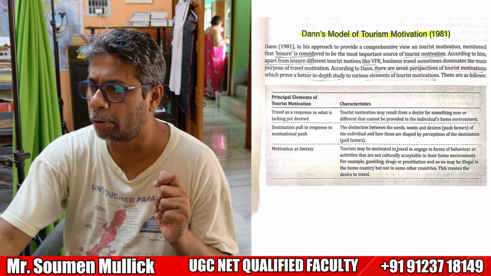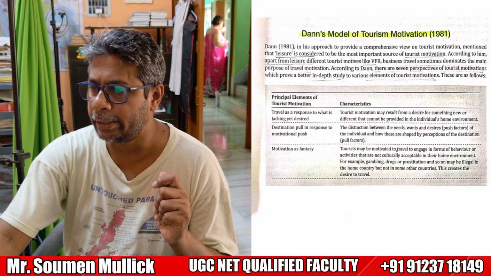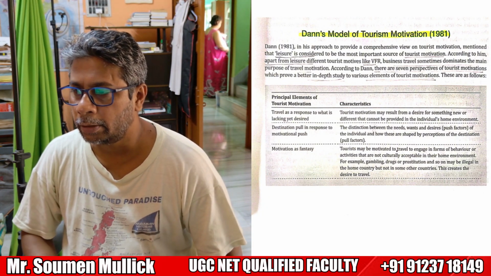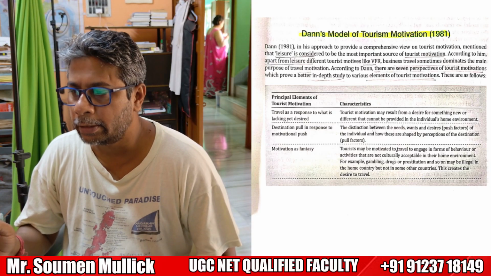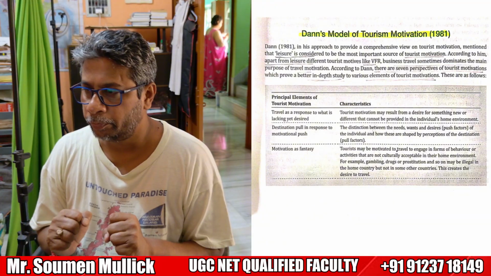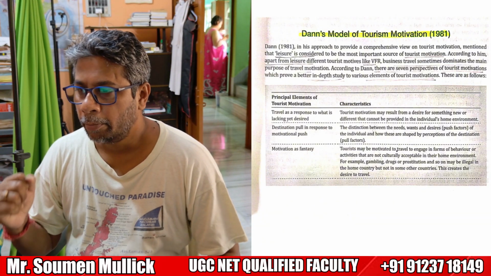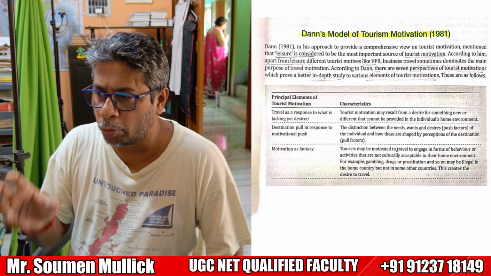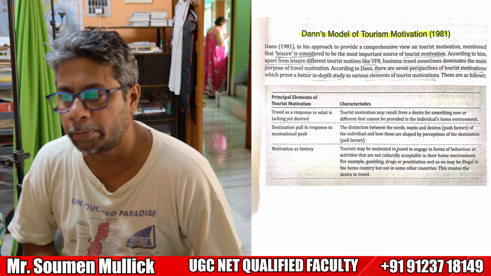Dunn gave this model in 1981. It's a very important point that in 1981 Dunn's approach was to provide a comprehensive view on tourist motivation. He mentioned that leisure is considered the most important source of tourist motivation.